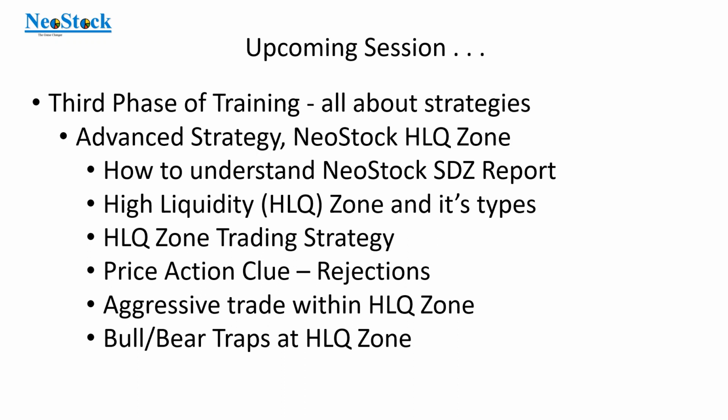Even people who get a 30% success rate also get good profits in supply demand zone price action. 30 to 40% success also they get. Then imagine 50 to 60% success rate, you get very good profits. And 80% success means extraordinary. That is our high liquidity zones, whatever the concepts we developed.